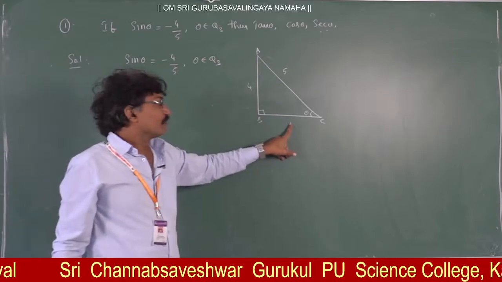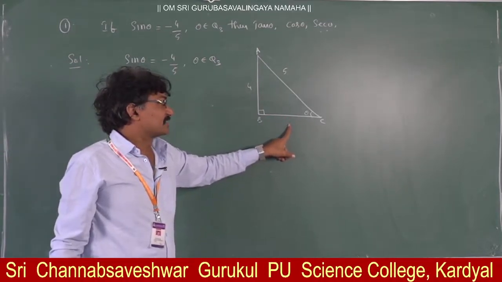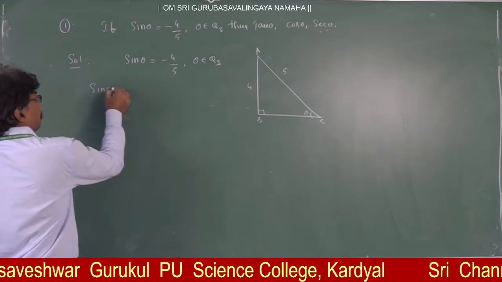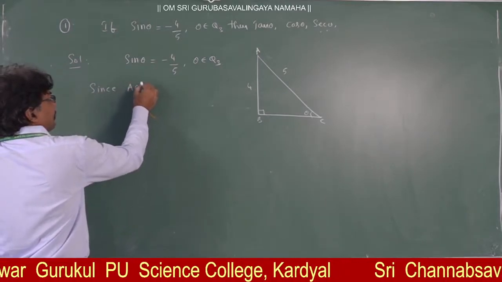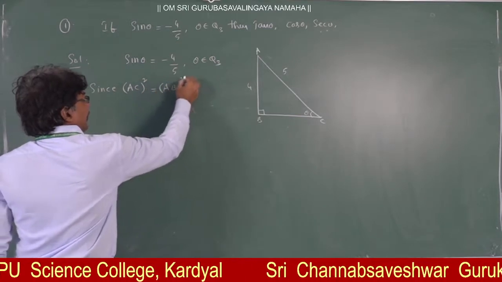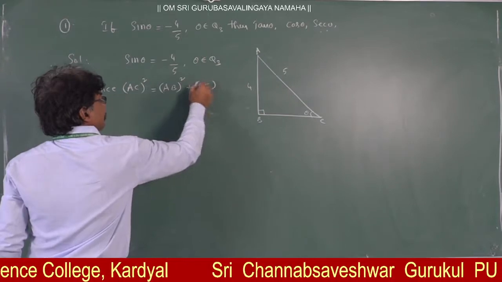But here we don't know the value of the adjacent side. How to get the adjacent side? By Pythagoras theorem. What is the Pythagoras theorem? AC square is equal to AB square plus BC square.